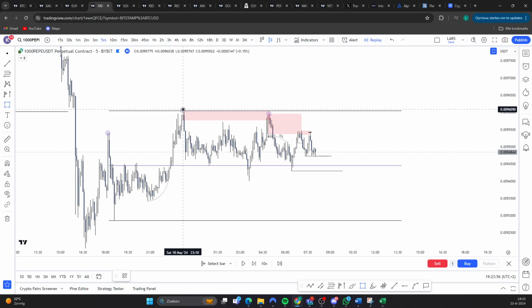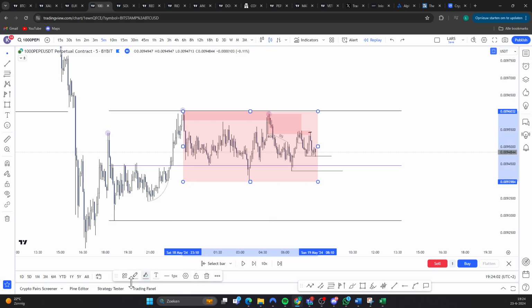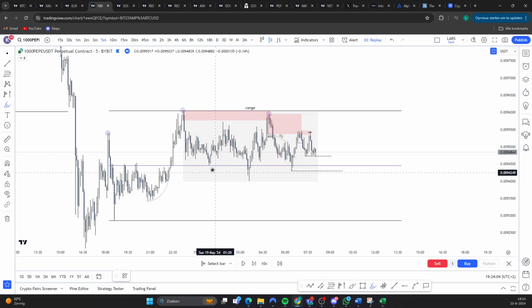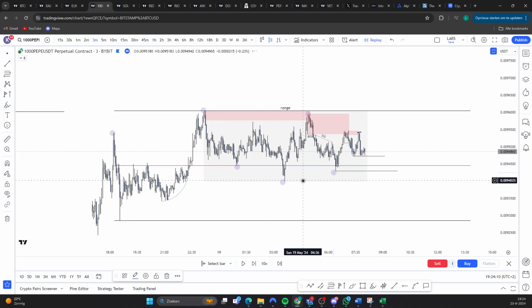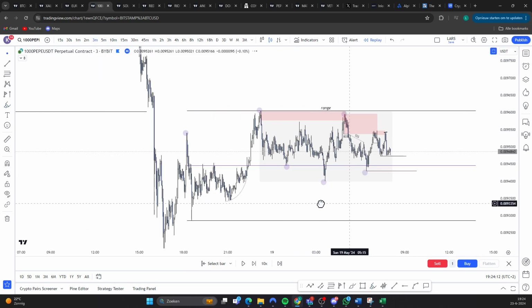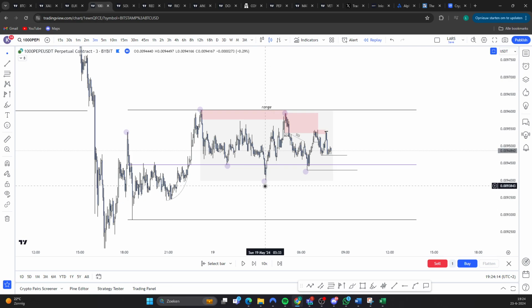It's giving me new range vibes here, with a 1, a 2, and a 3. So I'm going to be extremely careful here.